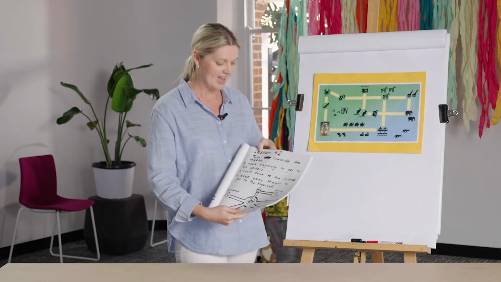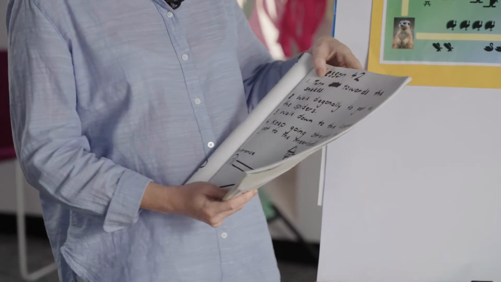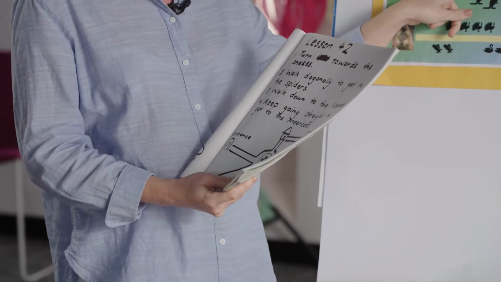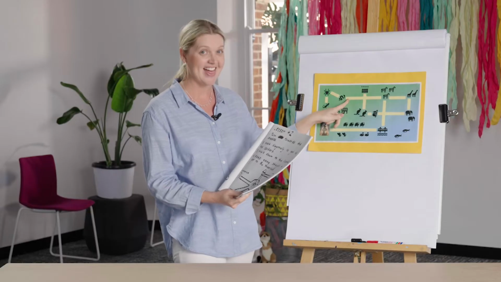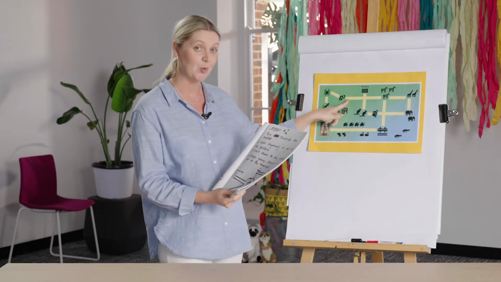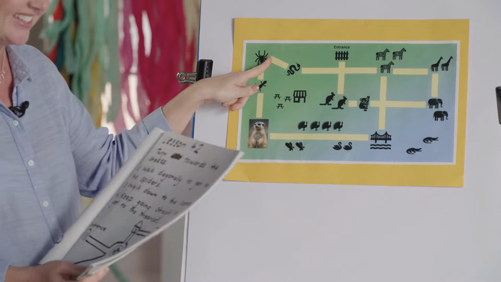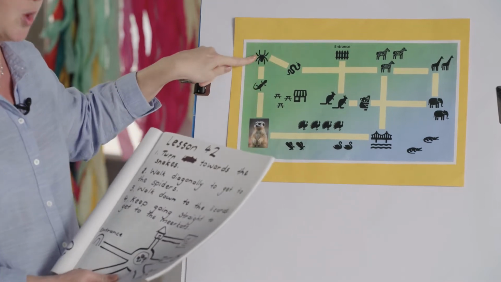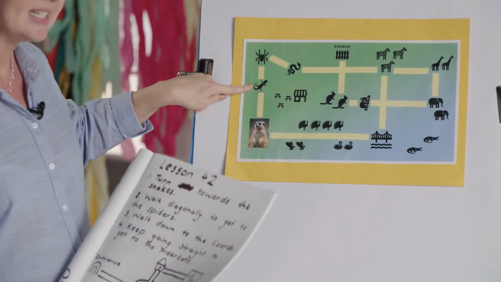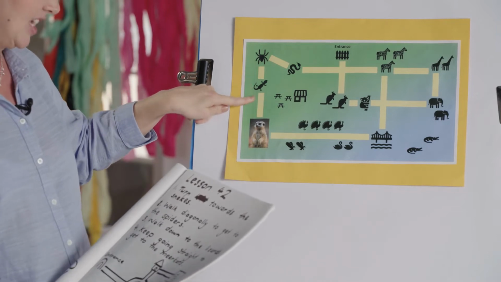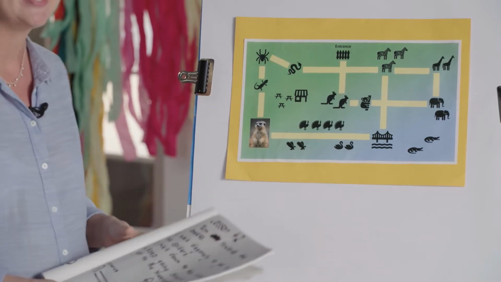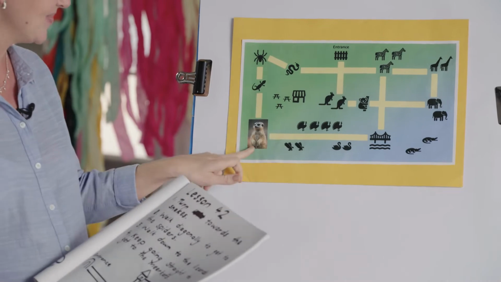Step number 1 is to turn towards the snakes. Then I told Lenny to walk diagonally to get to the spiders. We had to walk down to the lizards and to keep going straight to get to the meerkats.